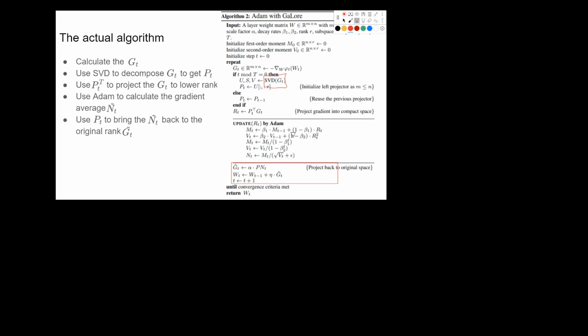So whenever we do the SVD decomposition we can get the rank of the GT, and we can collect the data to decide how many gradients are in lower rank during our training. Actually, I don't see this number in these papers. We may try to figure out this number in the future.